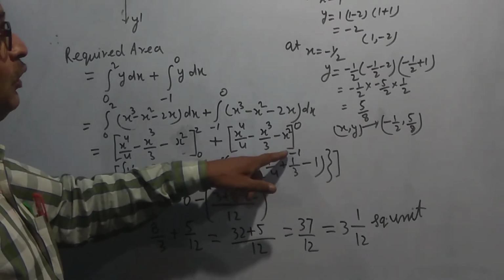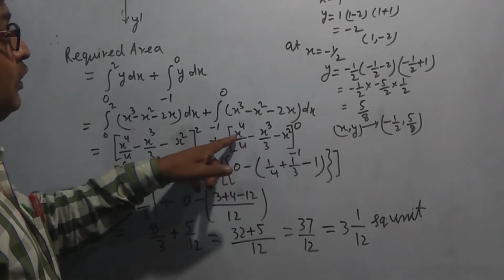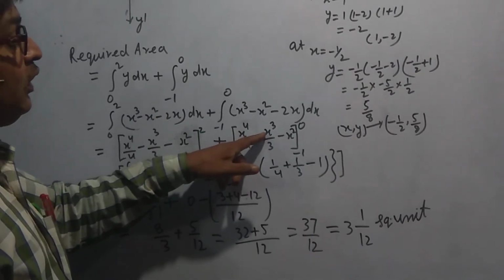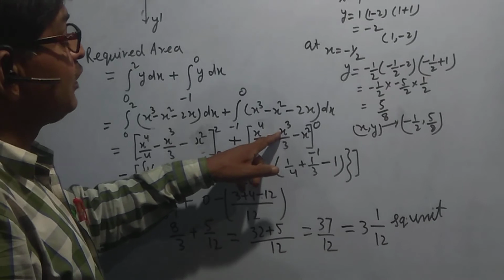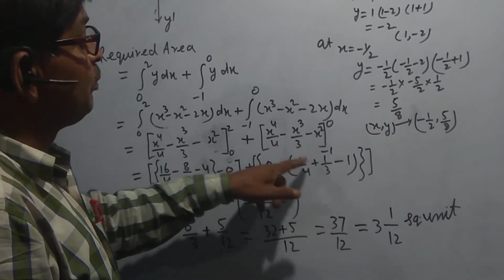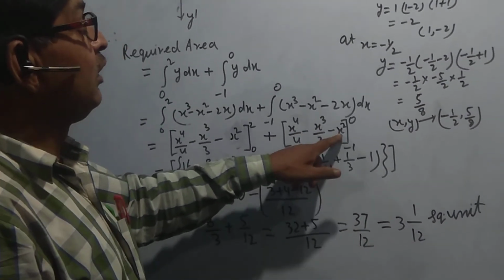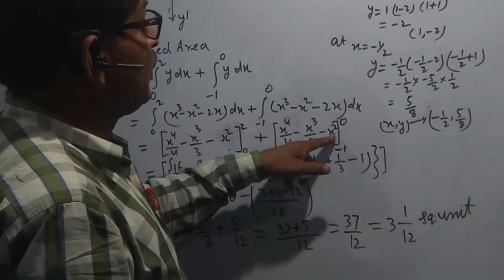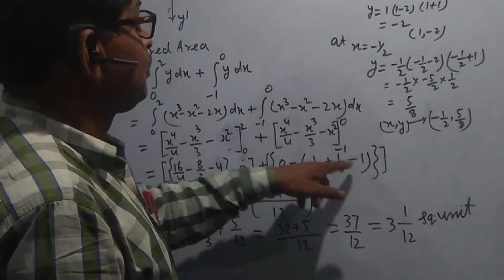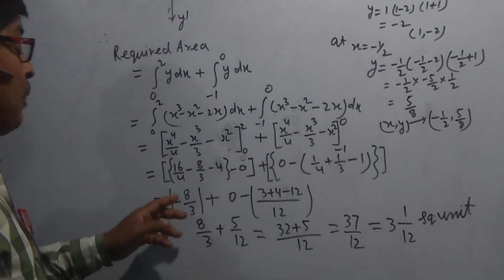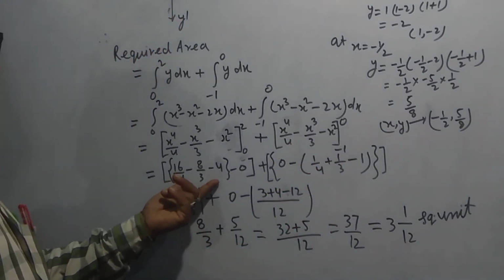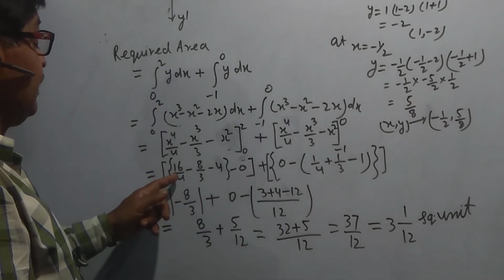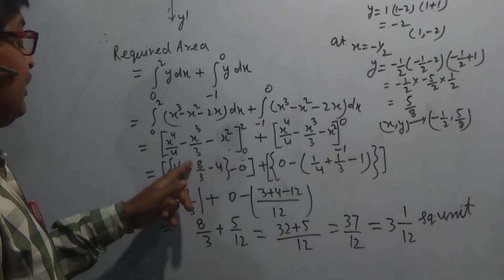Minus, putting the lower limit minus 1: minus 1 to the power 4 is 1 by 4, and minus minus 1 by 3 is plus 1 by 3, and minus x square is minus 1 here.